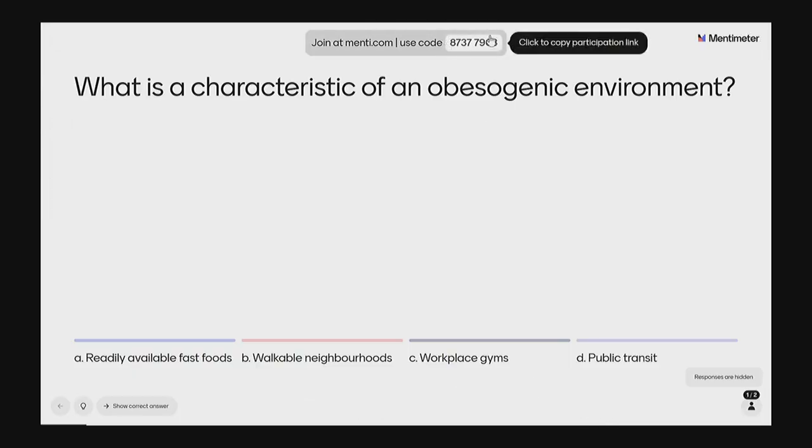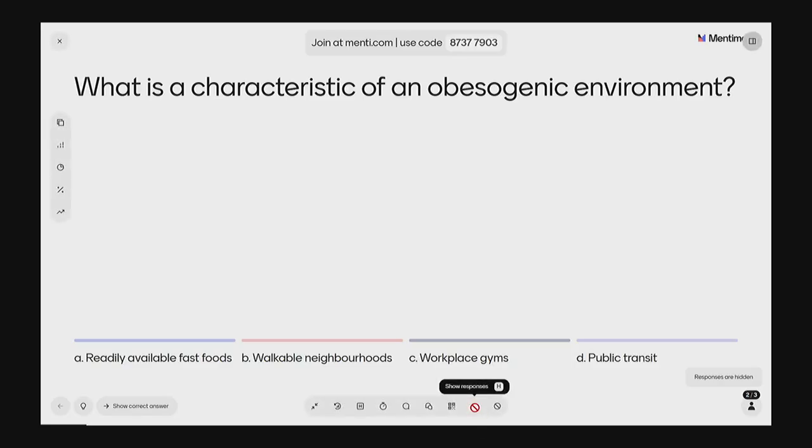Please keep in mind the code is different. For some reason, I'm not able to show the responses.